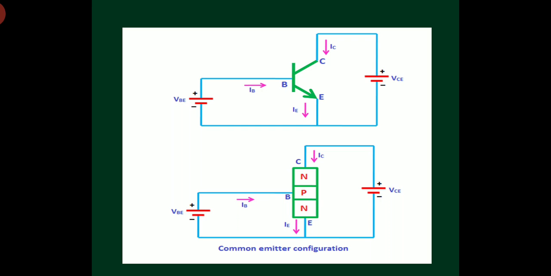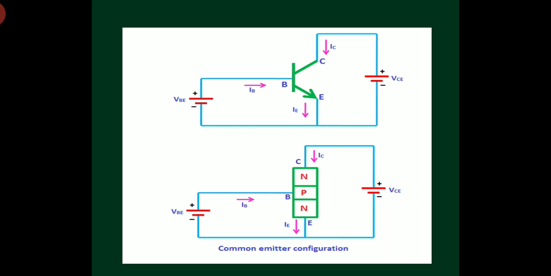Even if I use a PNP or NPN transistor, in common emitter configuration, emitter is grounded, base is the input terminal and collector is the output terminal. So base and emitter form input terminals and collector and emitter form output terminals. The junction between emitter and base is called the input junction, and the junction between base and collector is known as the output junction.